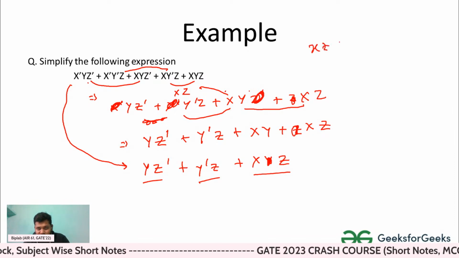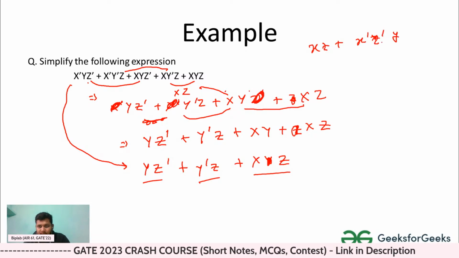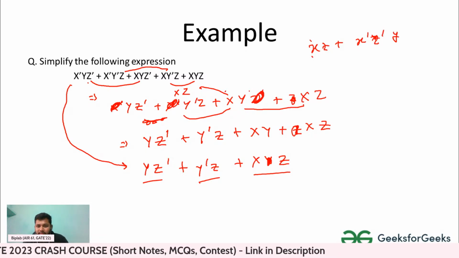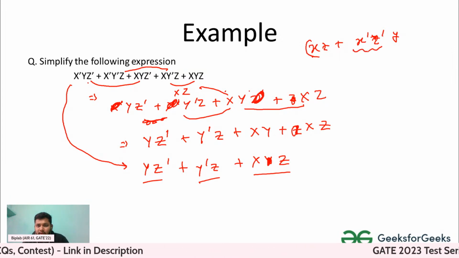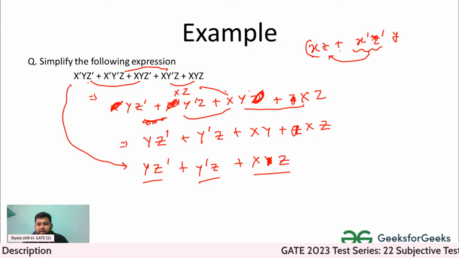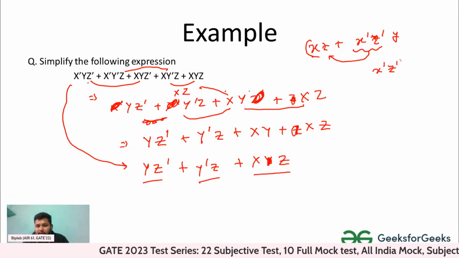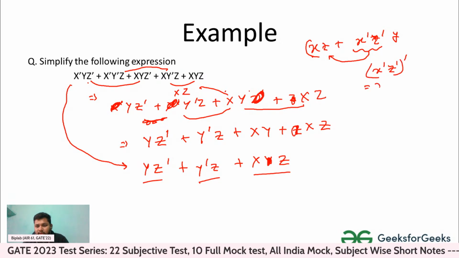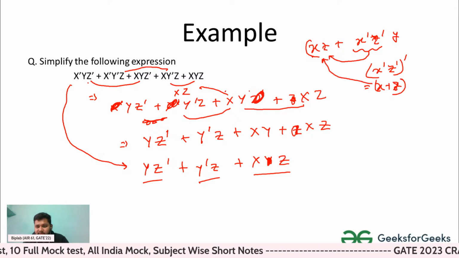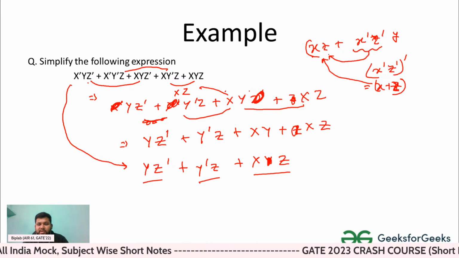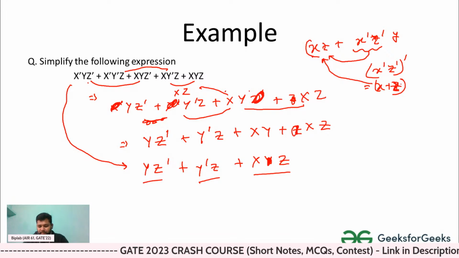If you have xz here and x bar z bar y here, and you want to eliminate, you are eliminating this whole term. So the not of this should be present here, that means not of x bar z bar, which equals x plus z. So x plus z should be present here, only then can you cancel like this. Fine.